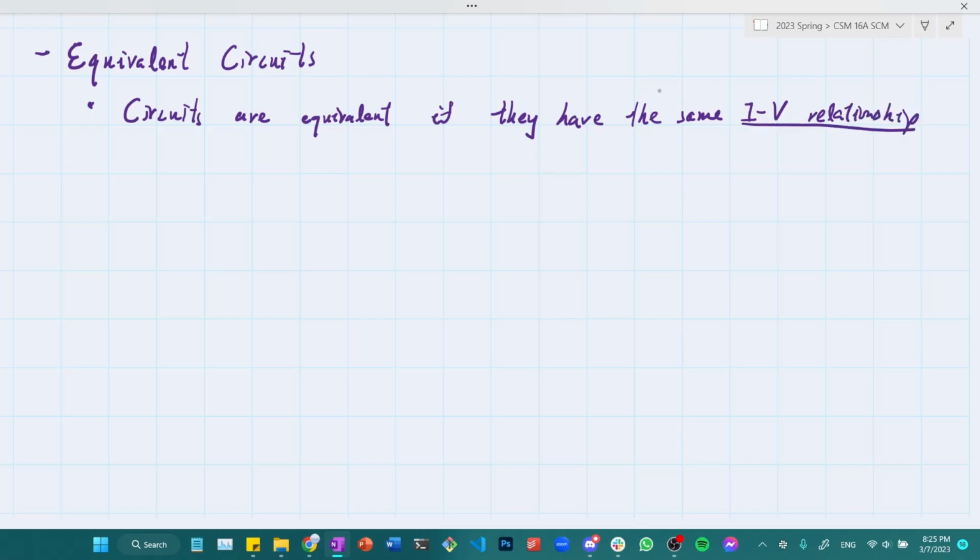When we talk about IV relationship, including during lectures, if you remember lectures exist, what we'd say in lecture is that IV relationship is the current voltage relationship within the circuit. When we say current voltage relationship of a circuit, we mean the proportion at which current and voltage passes through a circuit.